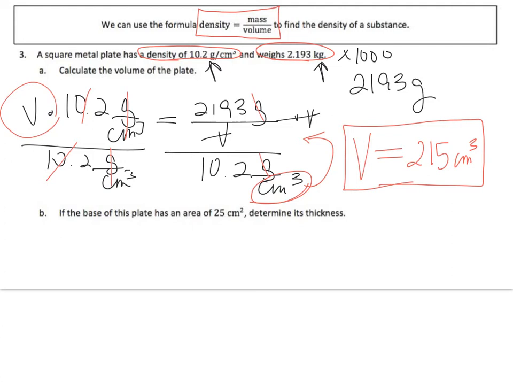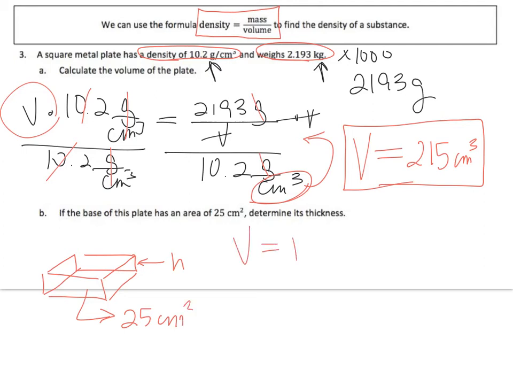Awesome. So, if the base of this plate has an area of 25 centimeters squared, determine its thickness. A square metal plate, so that's our base, but we have a height to it too. So we're really trying to figure out the thickness or the height, and we know the area of the plate is 25 centimeters squared. Volume equals area of the base times height. We know the volume, 215 centimeters cubed.